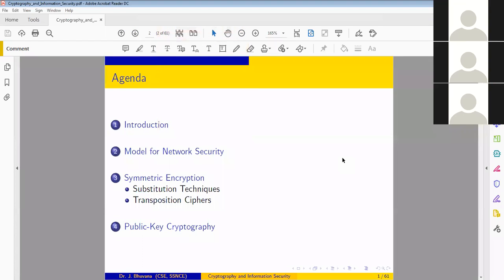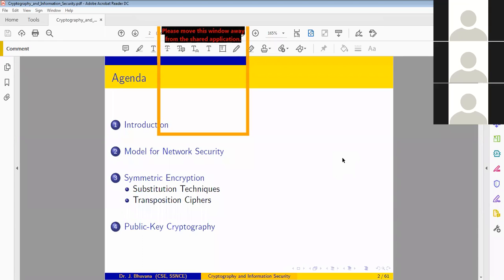Let me introduce the concepts of cryptography and information security, and we'll be seeing what is the actual model needed for network security and what are the two different kinds of encryption, that is symmetric and asymmetric, or otherwise public key cryptographic techniques. So this is what I'm going to focus on in today's session.